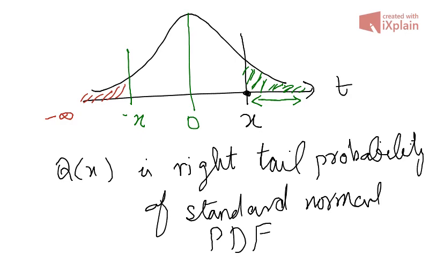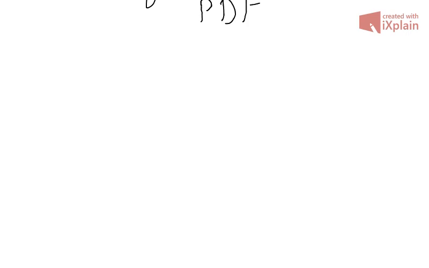Once again, the curve is symmetric about the origin, so this area is equal to this area. Graphically, the area under the standard normal curve from x to infinity is equal to the area from minus infinity to minus x.